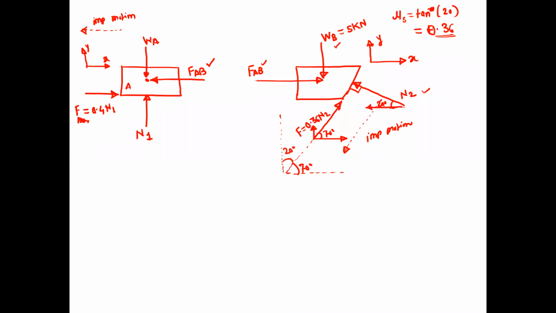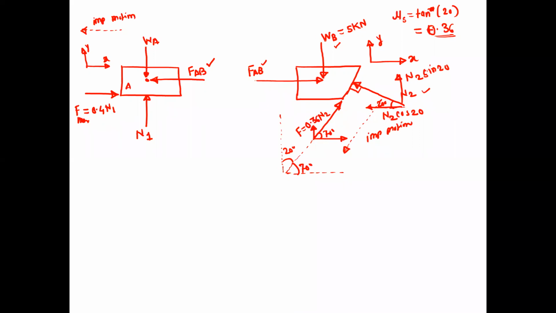Here the Y component is N2 sin 20 and the X component is N2 cos 20. For the friction force, the X component will be 0.36 N2 cos 70, and the Y component will be 0.36 N2 sin 70.